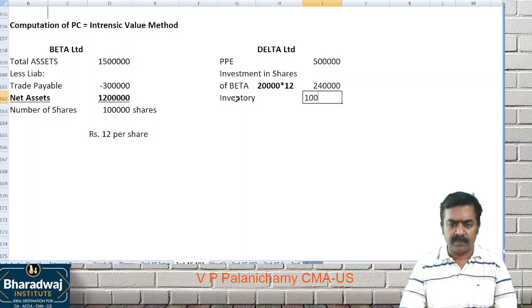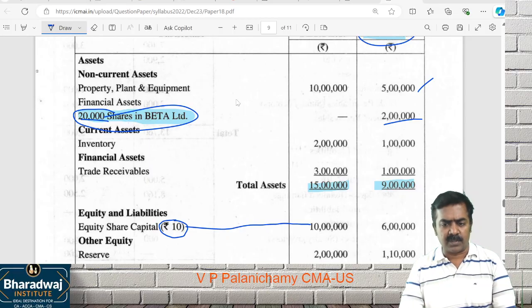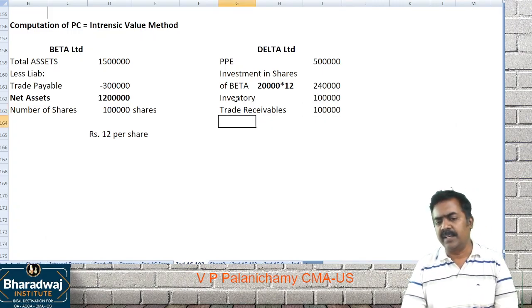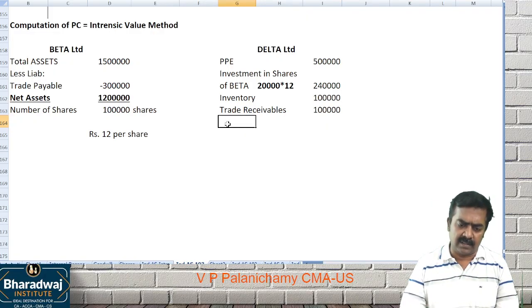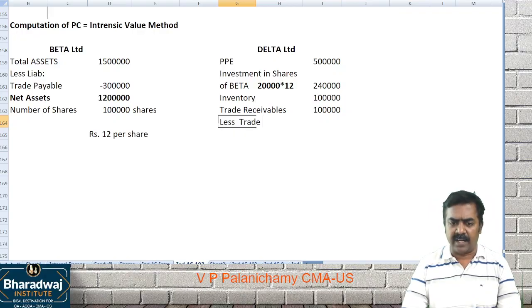Then inventory: 1 lakh. Then the next one, trade receivables: 1 lakh. Then less liabilities like trade payables.